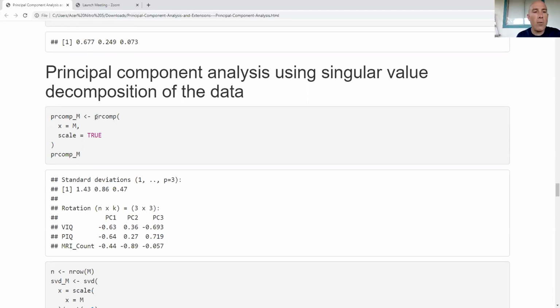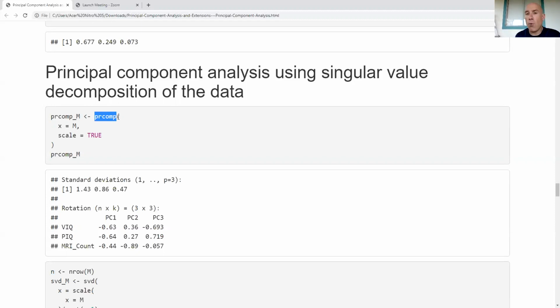All right, so here in R, I have two ways of computing principal components. princomp uses the eigenvalue decomposition. That's better supported for inference. prcomp uses singular value decomposition and is numerically more stable. You have to make your choice on which one you want to use. The vast majority of the time, it doesn't matter.